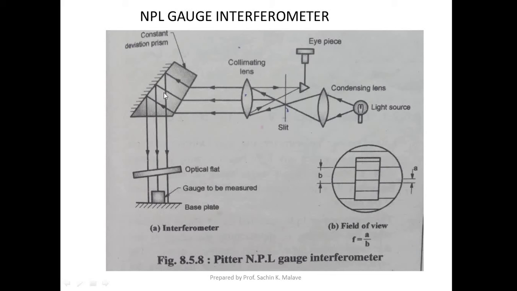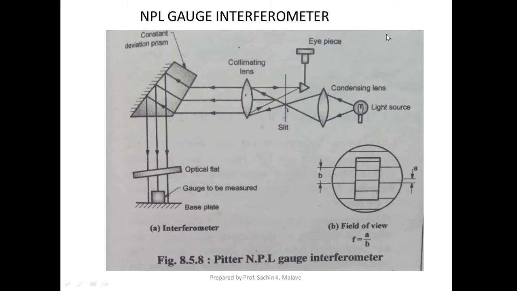So that is the objective of the constant deviation prism. As I told you, this source of light can contain rays of 4 different wavelengths. Whatever wavelength you want, that can be selected using this constant deviation prism, so that it can be used independently.